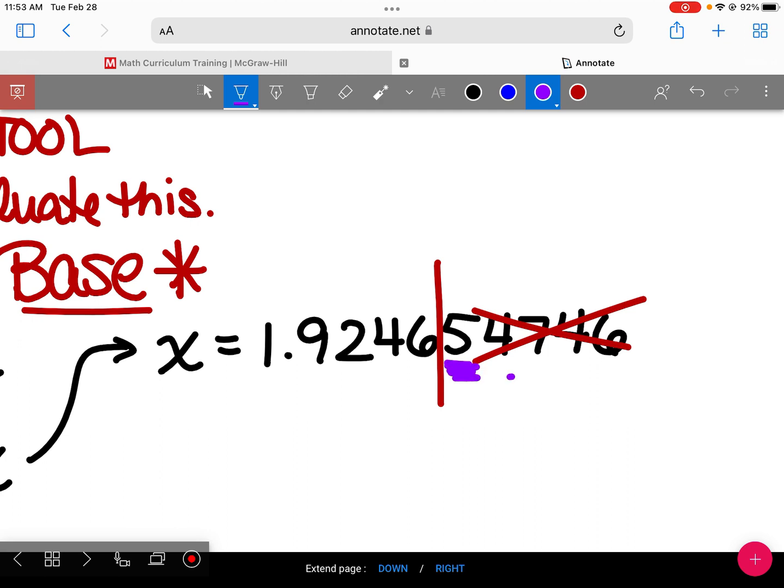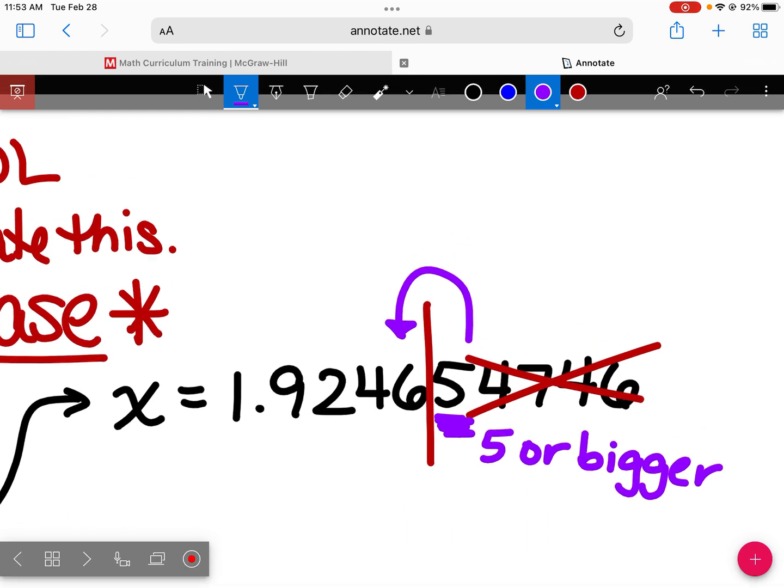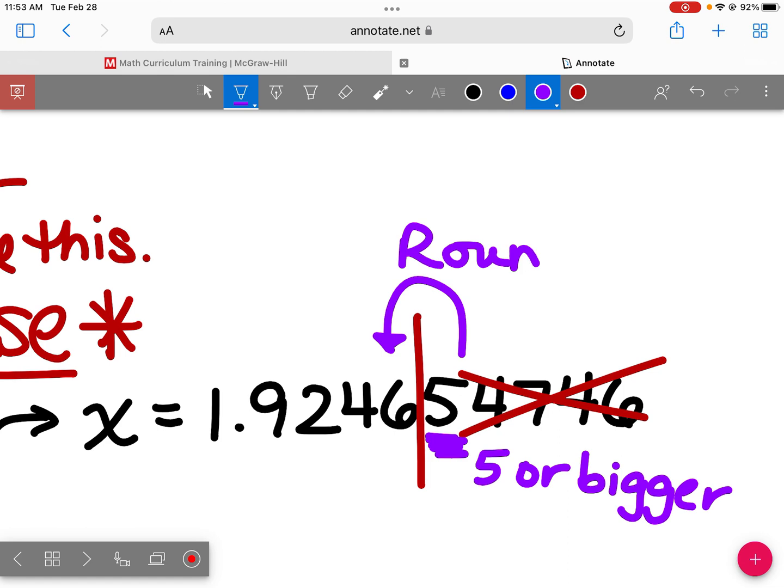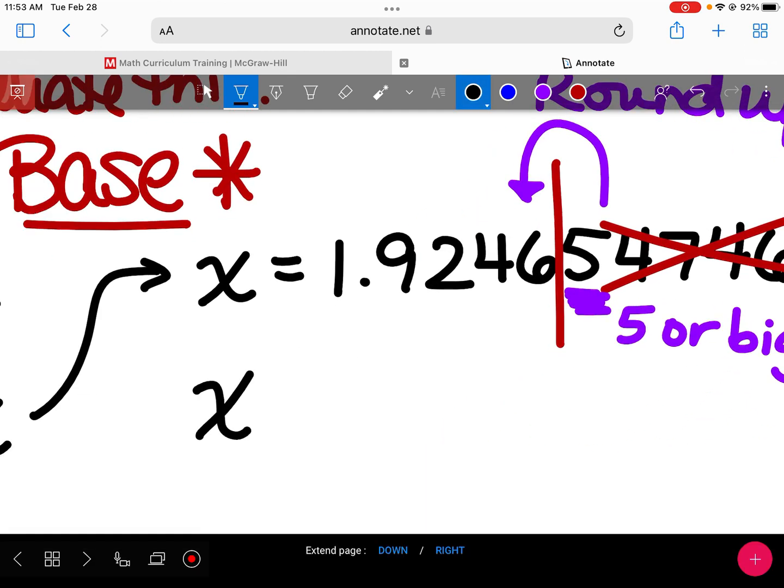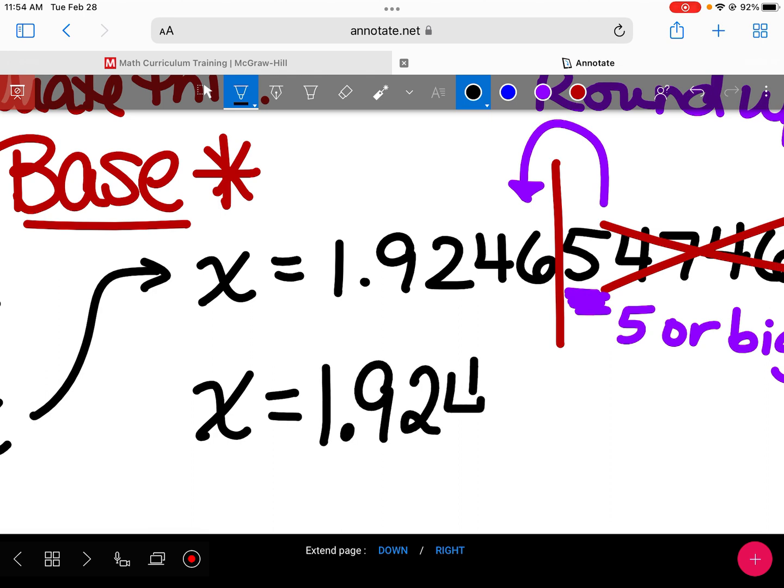Yes. This number right here is 5 or bigger. So we round up. So x is 1.9247.